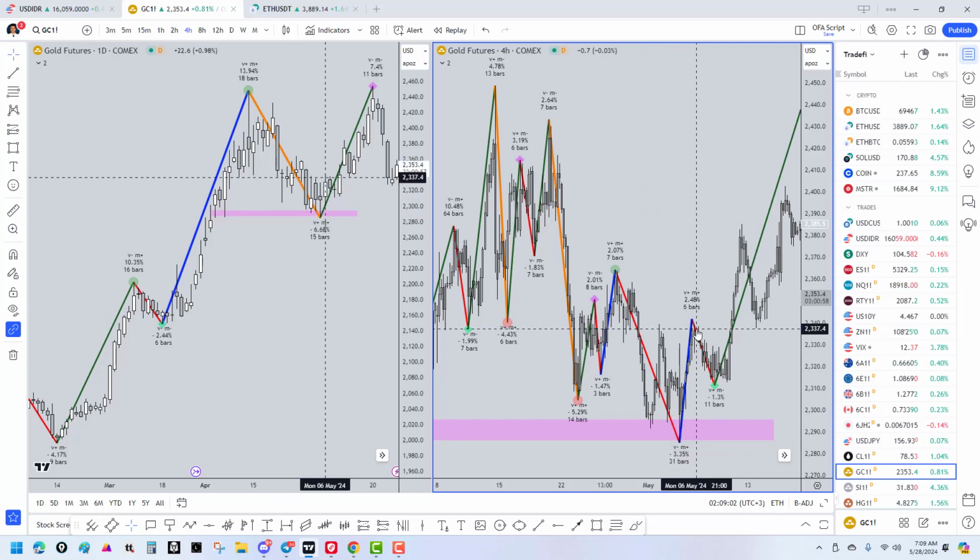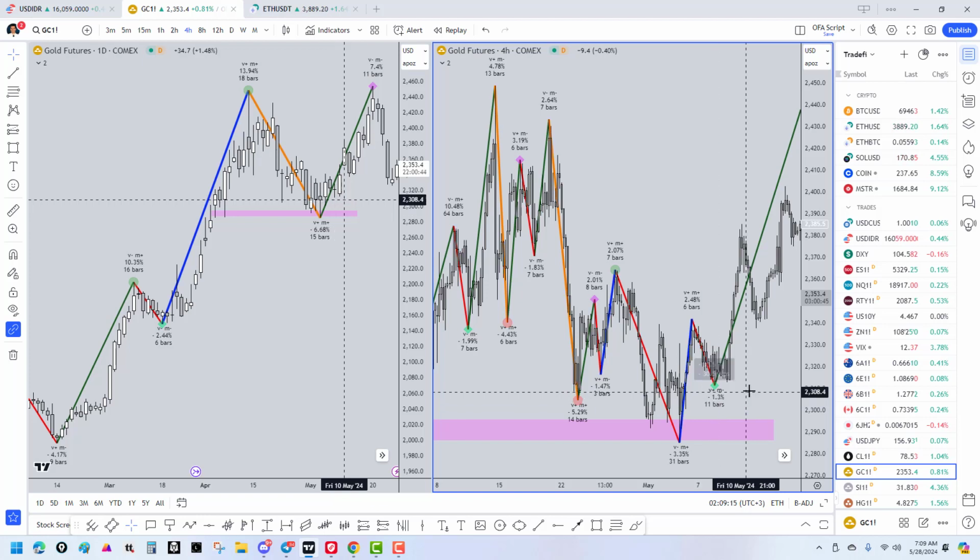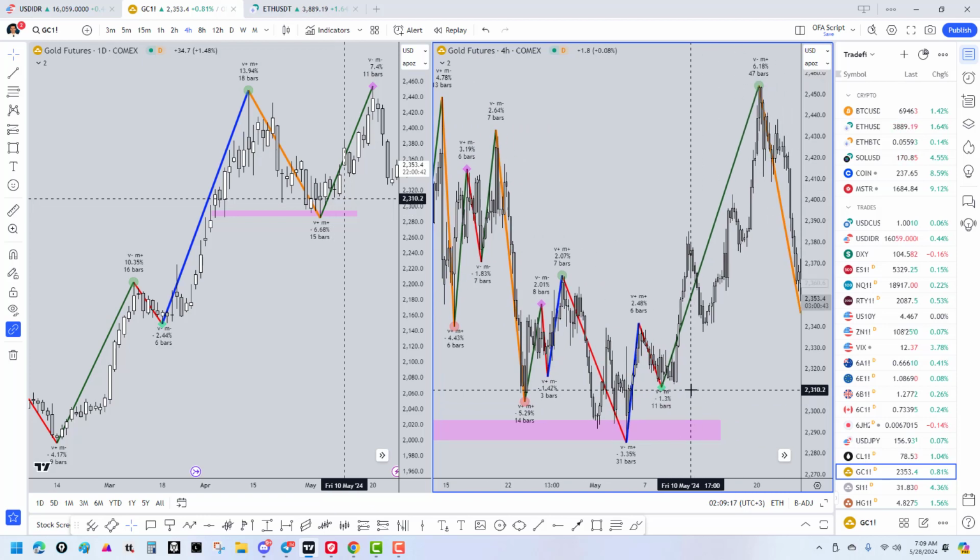The OFA script gave us that first initial bullish line, bullish cycle, wave, however you want to call it, and then we had that signal through the bullish green diamond. Whenever this signal is triggered, we have specific rules that will get us into the trade, and we will be riding that reversal in order flow.